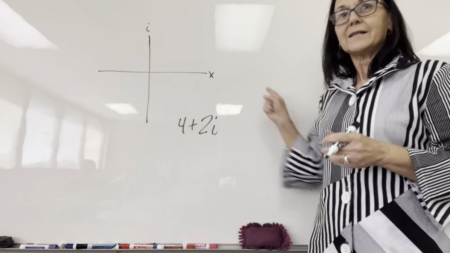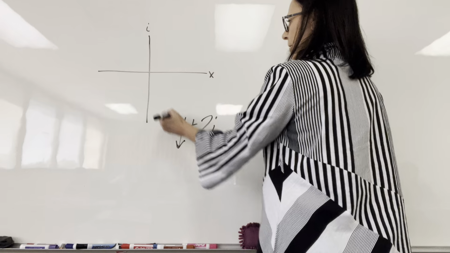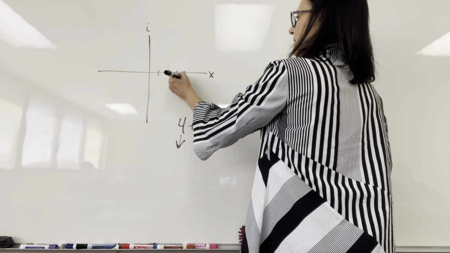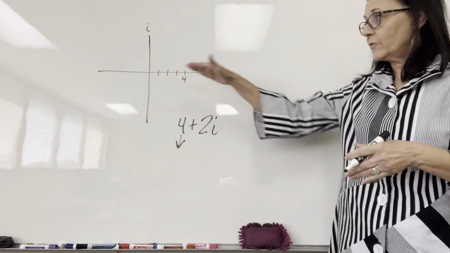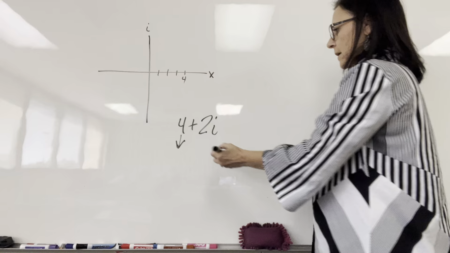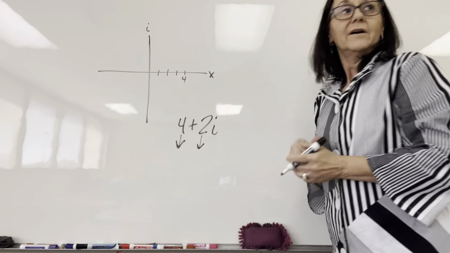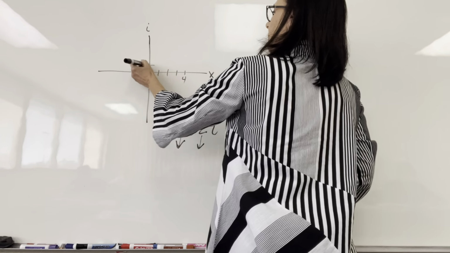So this is a complex number. Your 4 we would graph on the x-axis. That first real number is the real value on the x-axis. The coefficient to I is what we would graph on the complex axis.